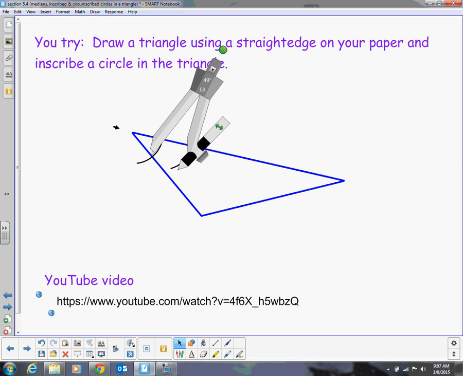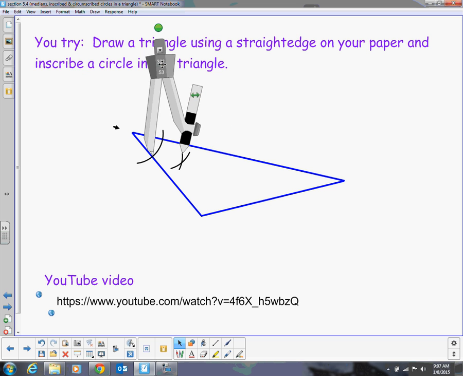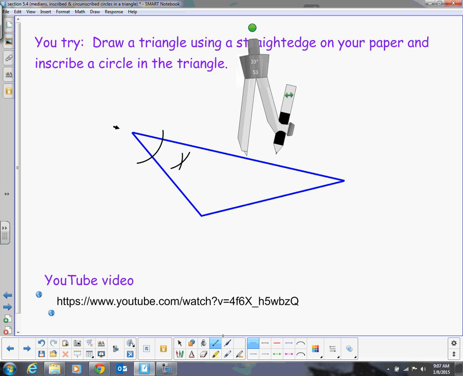And I'm going to put my compass point here, not change it, try to be as accurate as possible, do another arc. And I think what I'm going to try to do is I'm going to draw this line. All right, you know what, I need to probably draw that longer. So let me extend this line through that intersection.